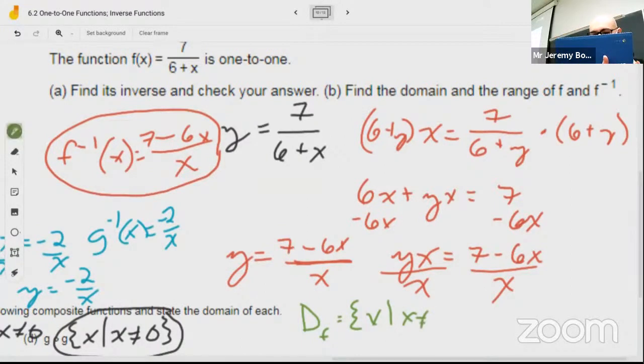And so that also tells me that the range of f inverse is what? Not -6. Just make sure that you do it in terms of y, right? y cannot be -6.